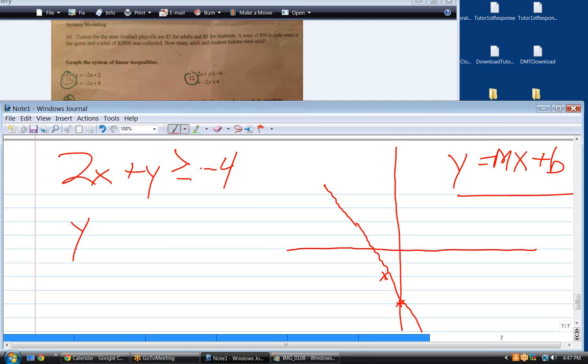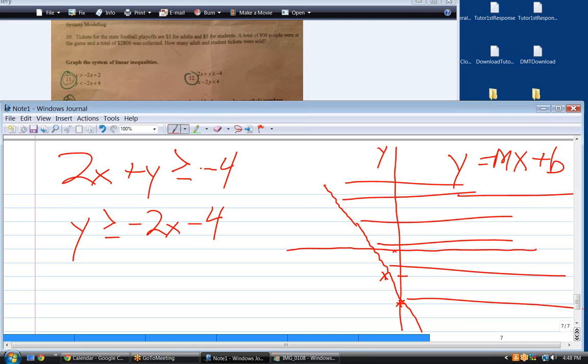Well, we ended up with this. Y is greater than or equal to minus 2x minus 4. Always look to the y-axis. What is y relative to that line? Is it above it or below it? Above it. So pick any point you want out above the line. Well, there's a point. That means we shade this area from there to there. I'm not going to do it quite so heavy this time. Okay? So that so far is our area from the first equation.